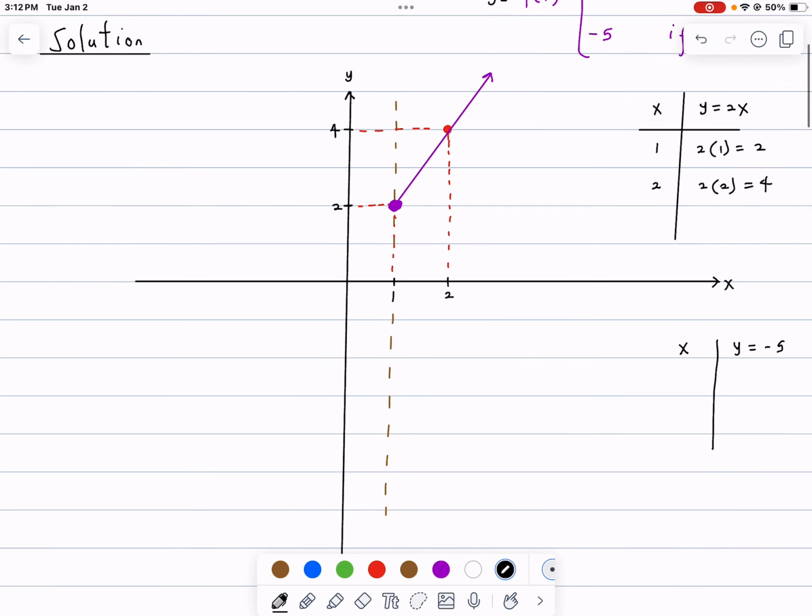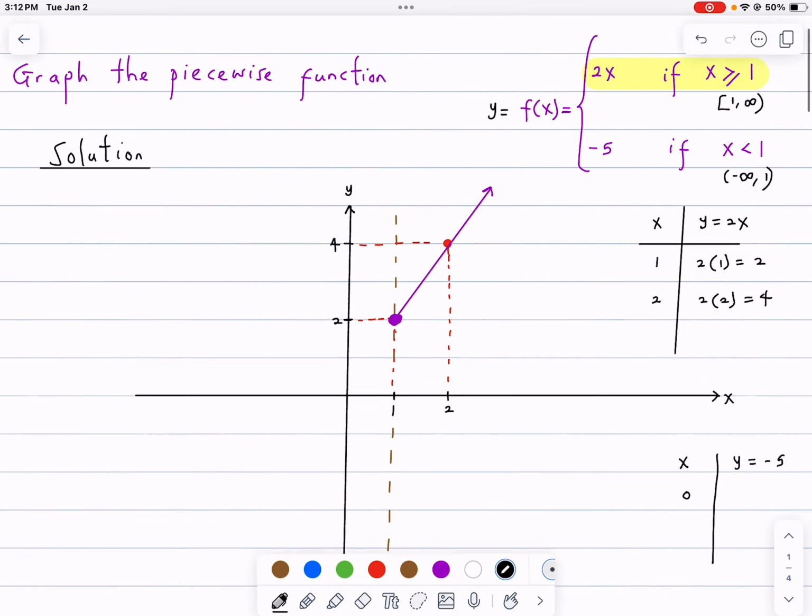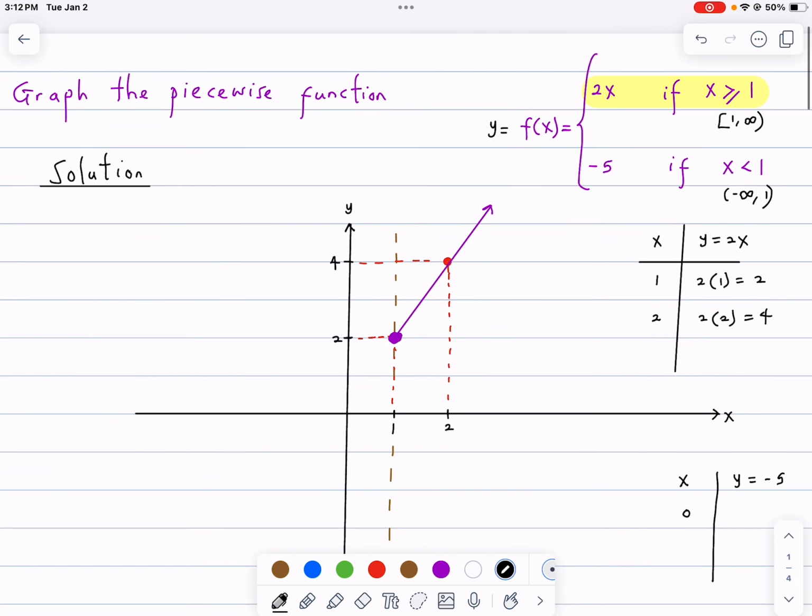So let me write the interval notation, which is negative infinity to 1. But in this case, I'm using parentheses to close the interval because 1 is not included.